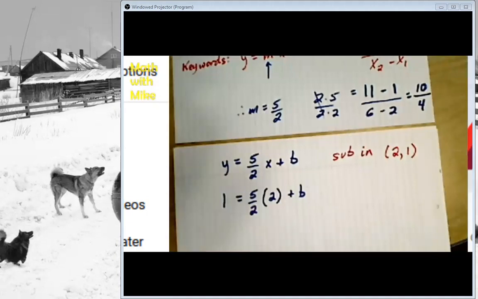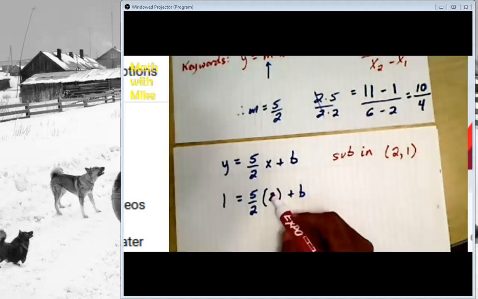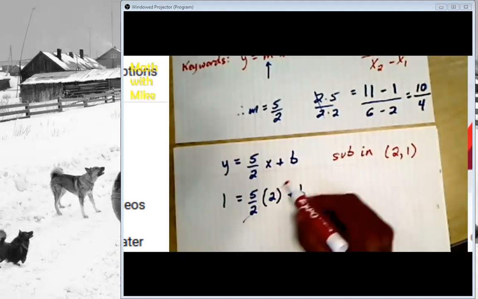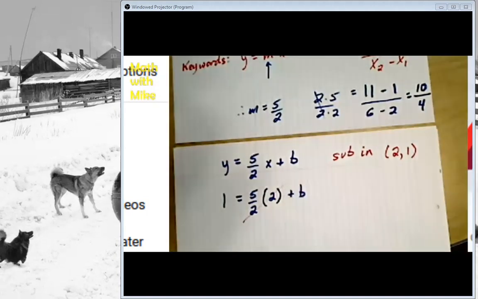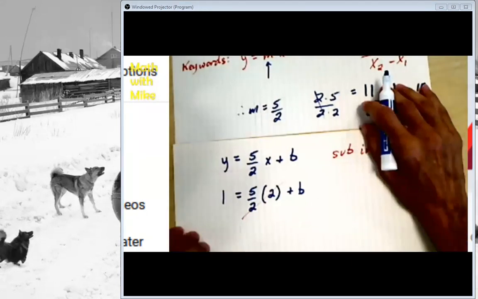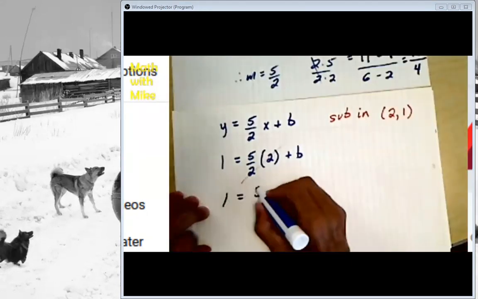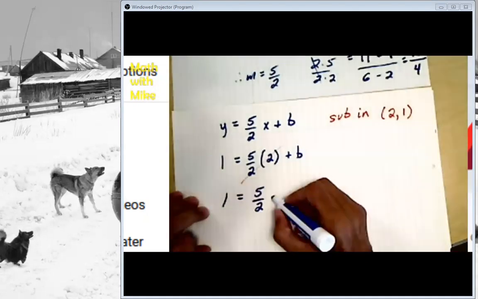And now look what happens nicely in this equation just by putting that in there. We have a 2 on the top now divided by 2 on the bottom. 2 on the top with a 2 on the bottom means it can divide out. And we're left with 1 is equal to 5 over 2 plus b.